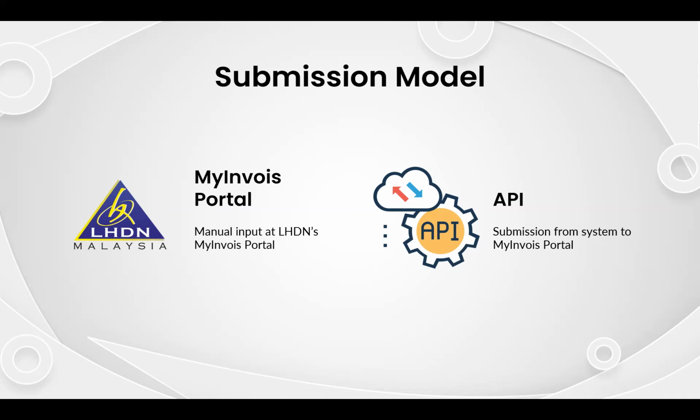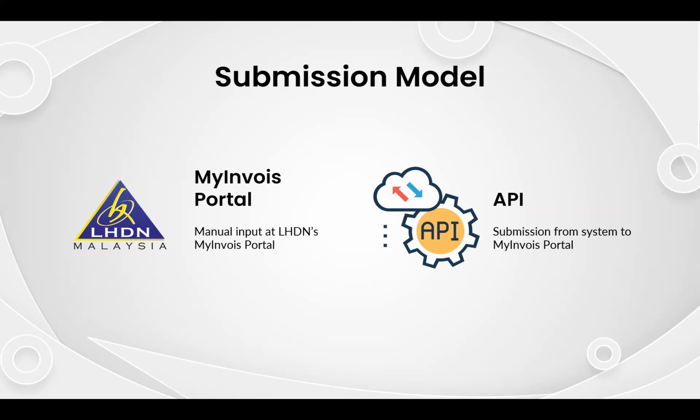This is the easier way. It means you create the invoice in your software or AutoCount, and at the same time you submit the invoice to the MyInvoice Portal. You no need to key in again. So this is the easier way for you.